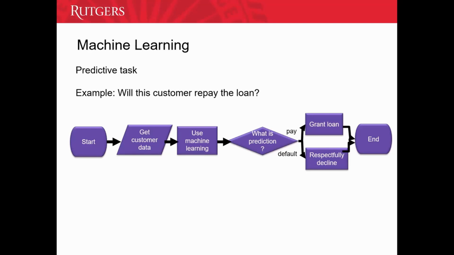And then based off that determination, the algorithm will decide whether or not to grant or reject the loan application. So this is just a high-level overview of what a predictive task looks like, and in a nutshell, how machine learning is able to perform these predictive tasks.